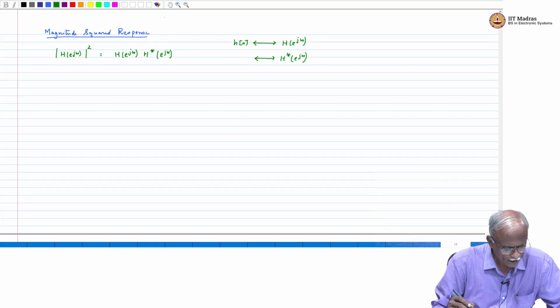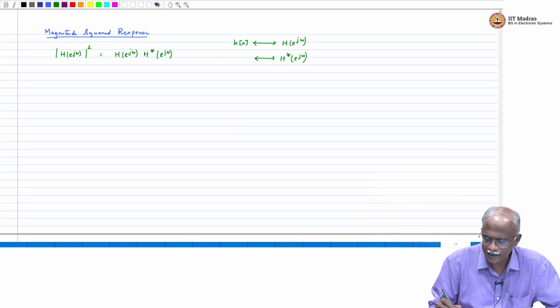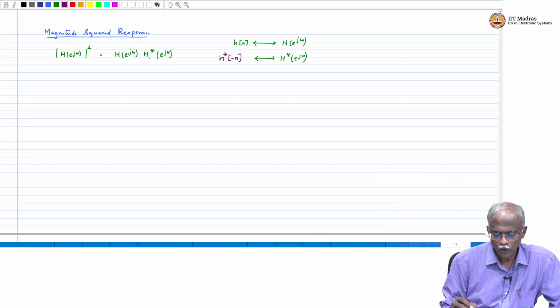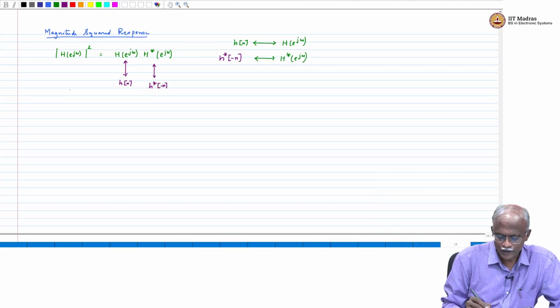If you go back and look at our properties, this is h*[-n]. So this is the discrete time Fourier transform of h[n], and this is the discrete time Fourier transform of h*[-n]. So h[n] convolved with h*[-n] is what produces |H(e^{jω})|².